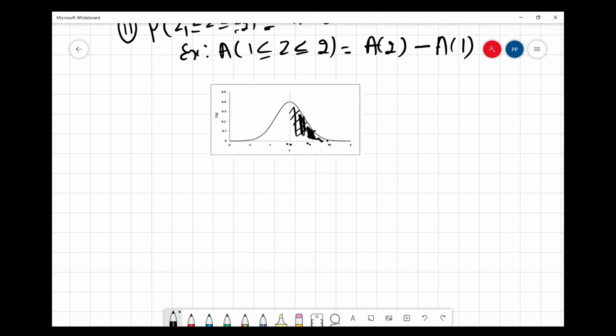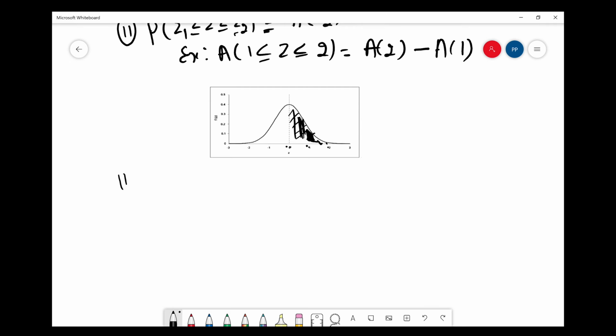Okay. The next result is this. Probability over the negative interval, minus z3 to minus z4.